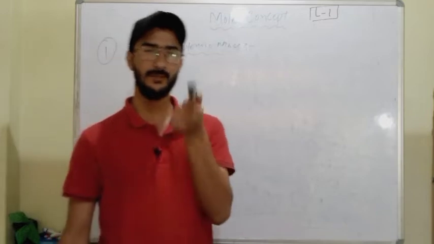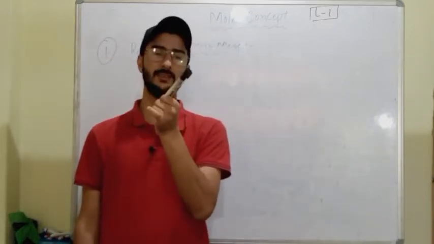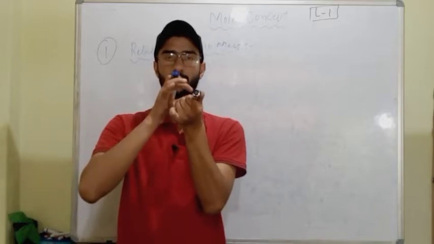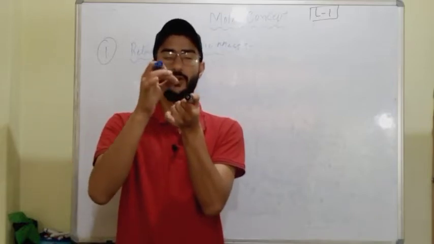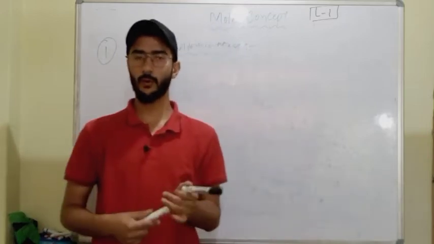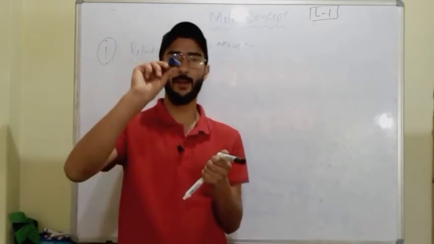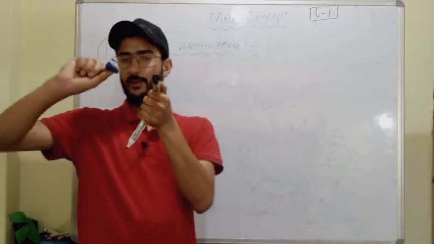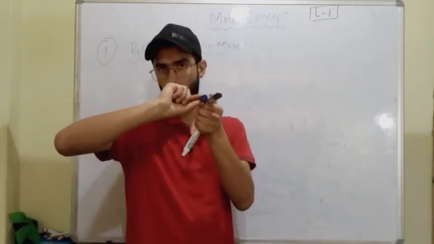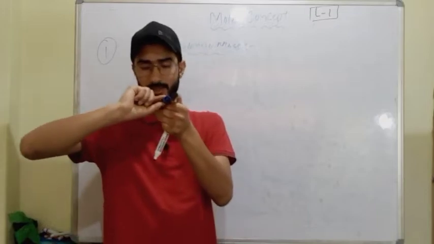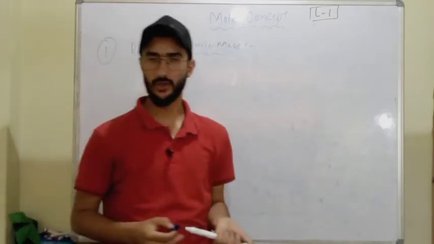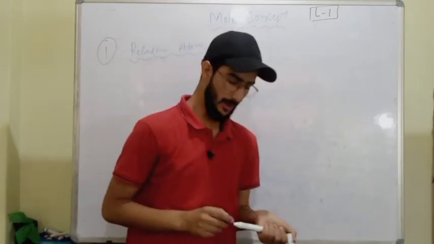Like if this black marker is my scale, which has already been marked 1, 2, 3, up to 10 centimeters, and I measure this cap, I'm relating the cap with this marker because the marker has a standard unit and has already been measured.